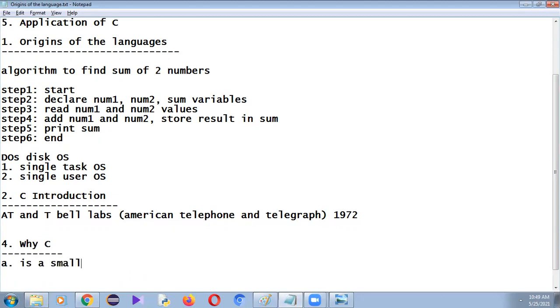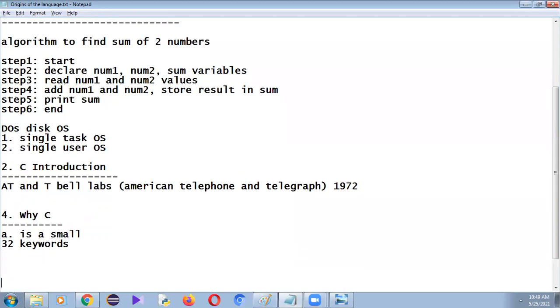How can we measure whether a particular programming language is small, medium or large? It can be measured based on the keywords. In C, we have 32 keywords. Here we are comparing these keywords with the B programming language, and in C we have fewer keywords when compared with it.